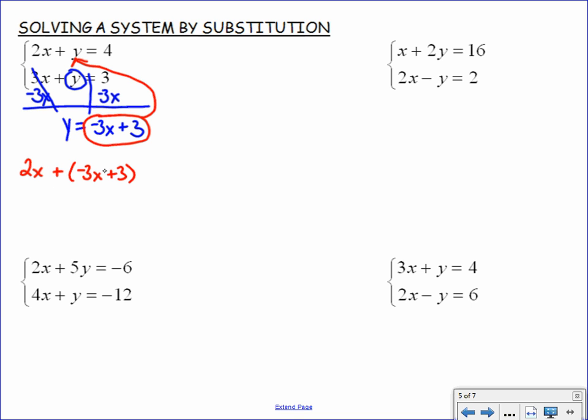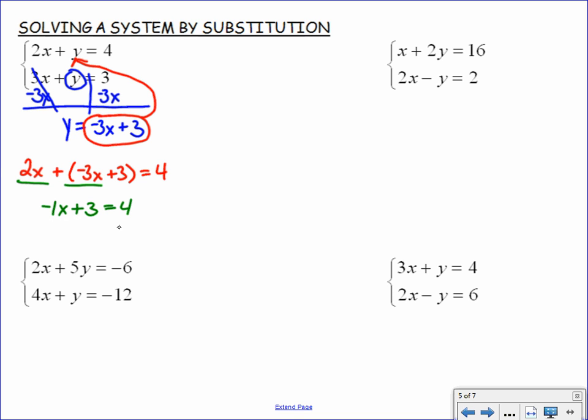The 2x plus the y is equal to 4. Now that this equation only has x's in it, I can combine like terms, the 2x and the negative 3x, which leaves me with negative 1x plus 3 is equal to 4.